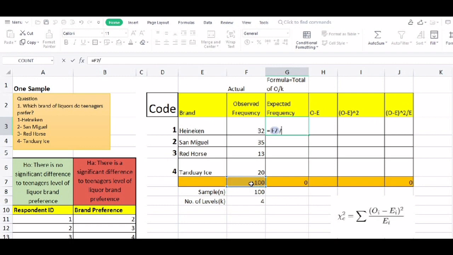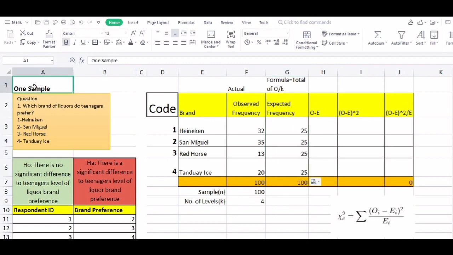Just take note that this is for one sample only. Alright, that's it. And then we can drag it down, and we have a total of 100.